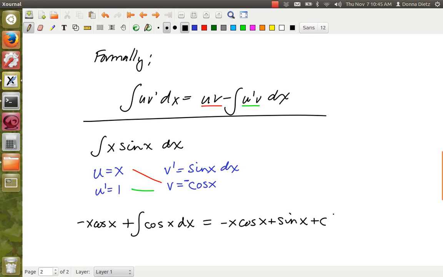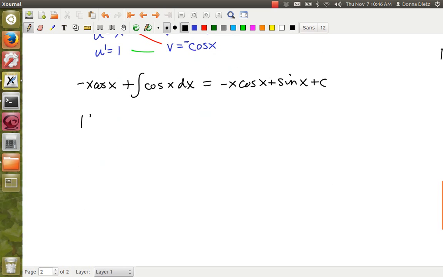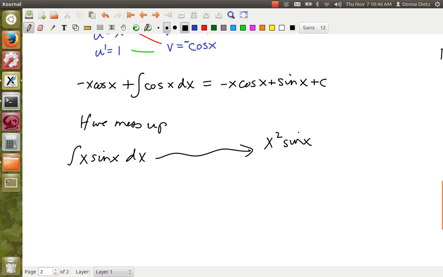Alright. And I did in class what happens if you mess up. Well, if you messed up and say you said u is equal to sine of x and v, like you did it backwards, let's say, I won't go through the whole thing, but if we mess up, then you'll start with a problem like x sine x dx, and you're going to go through the whole process, and what you'll end up with is x squared sine x over 2 minus integral x squared over 2 cosine x dx.